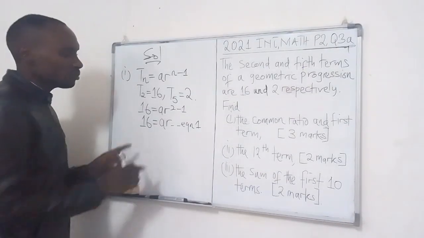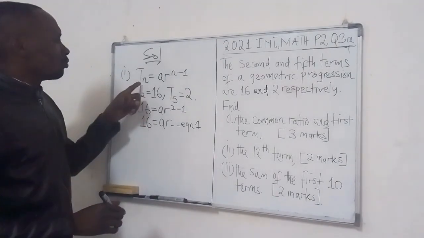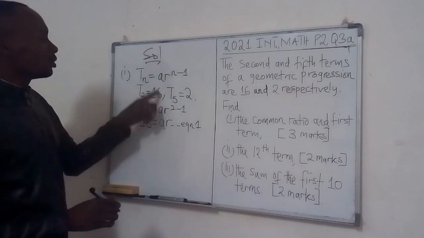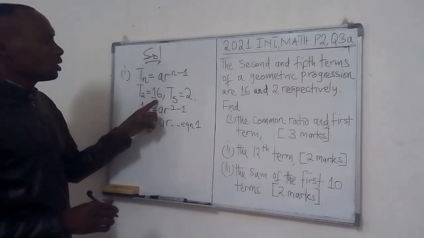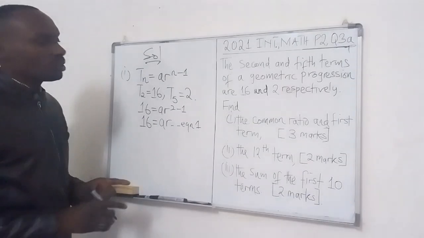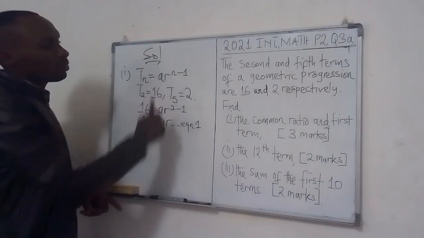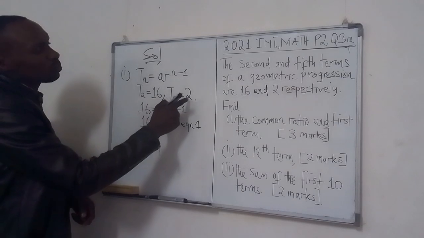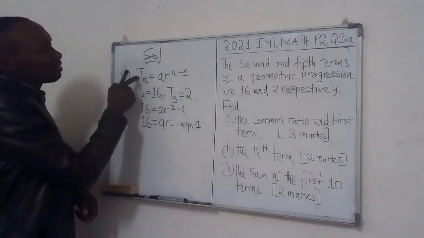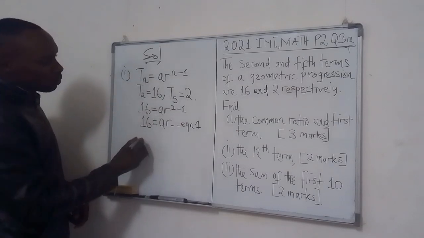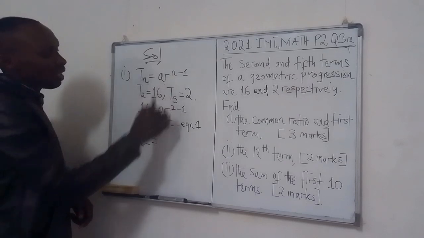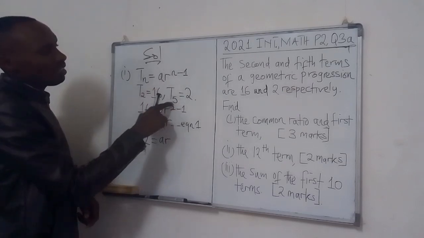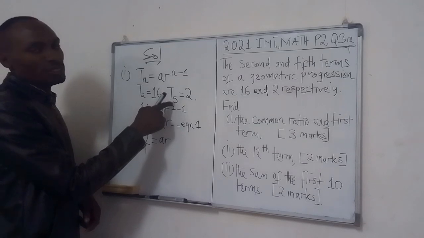So equation 1 came from Tn equal to a r to the power n minus 1, using T2 equal to 16. Now we get equation 2 using T5 equal to 2. So 2 equal to a r to the power n minus 1, where n here is 5, the fifth term.